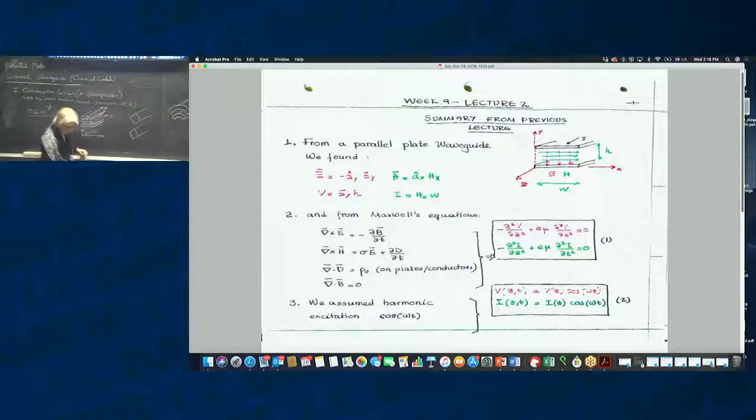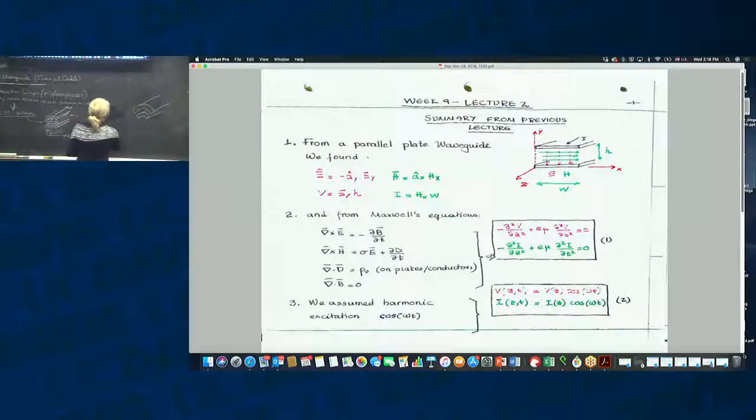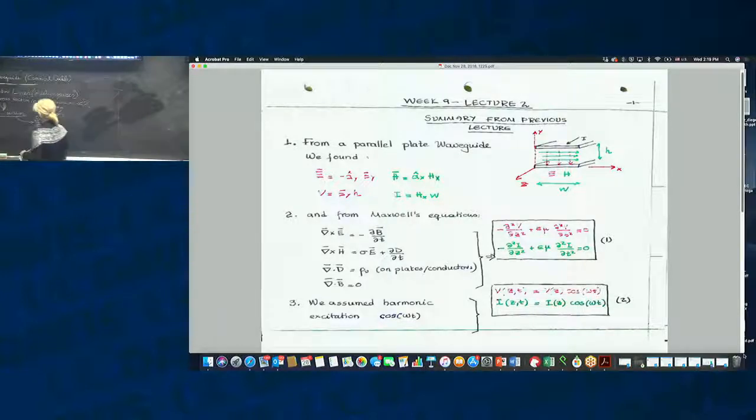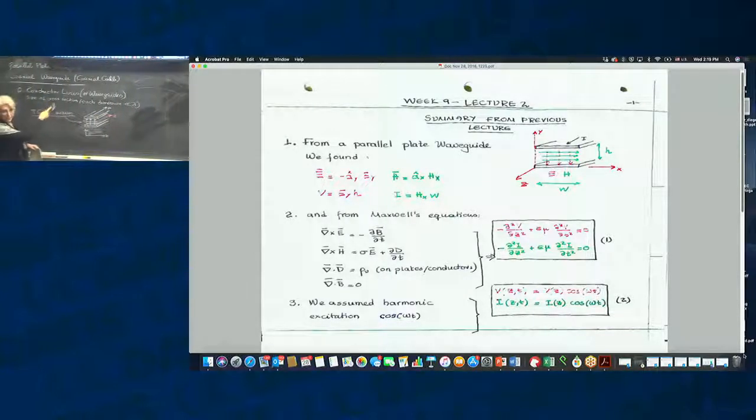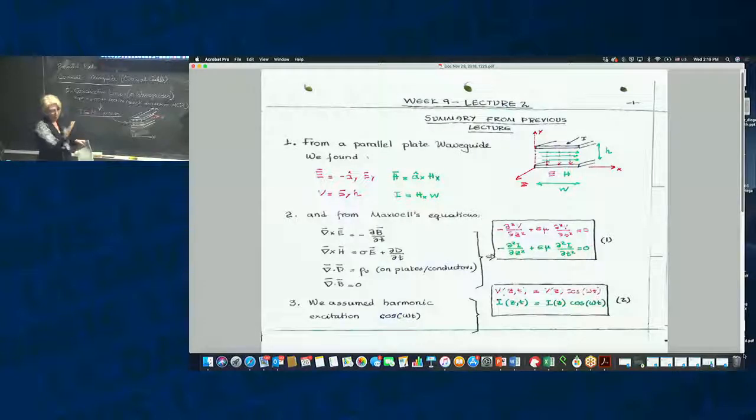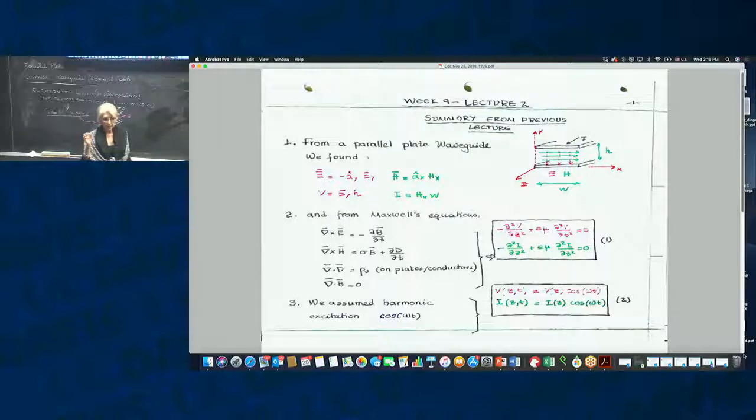So, why is that important? This is important because then we don't have to analyze each one of them every time we have something like that, even if the cross-section might be very complex. And we can directly make those assumptions that the electric and magnetic fields are perpendicular and they propagate along the third direction. Okay, the moment you make this assumption, then you can define a voltage and a current.